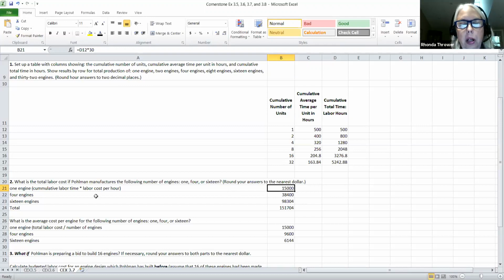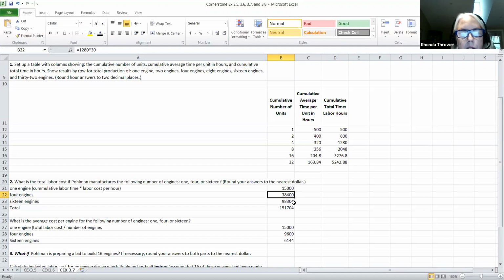If you're building 4 engines, because there's a learning rate that's associated with this at 80%, our number of hours to produce those units per unit go down. The total cumulative time for 4 units was 1,280 hours. We'd take 1,280 hours and multiply it by the labor cost per hour, which was $30, and that would give you the labor cost for 4 engines.